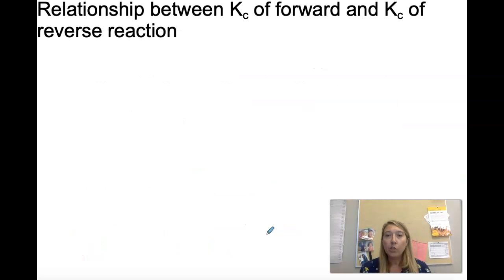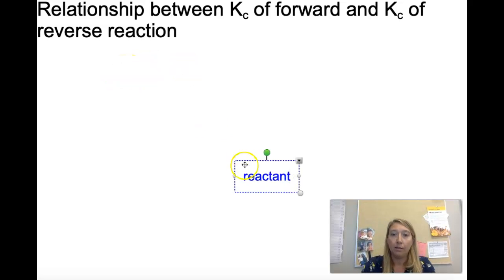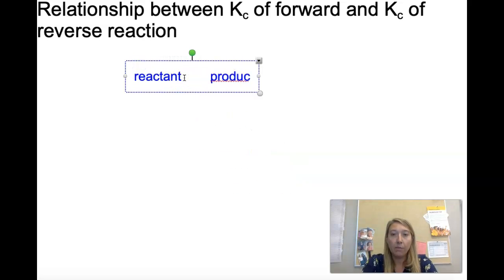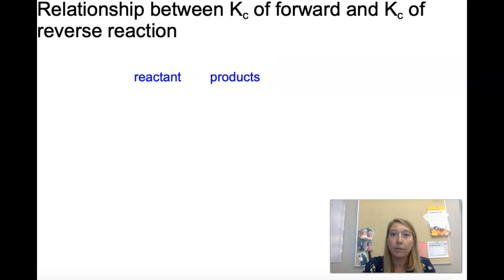Okay, so the relationship between Kc of the forward and Kc of the reverse. I kind of talked about this in the very first slide of this lesson, right? If you think about it, when we write a reaction, and I'll write it pretty simple here just to make life easier, we generally say that reactants are on that side and products are on this side, and I'll throw an arrow in here.